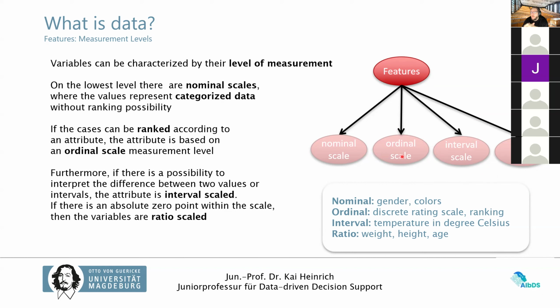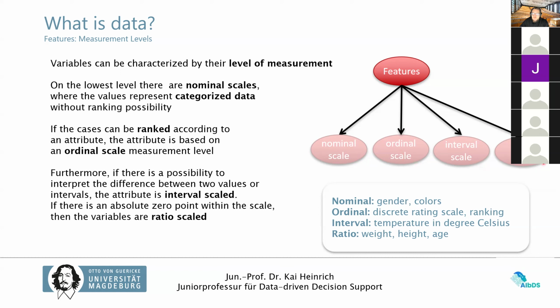What I can do is build the median, the value that is in the middle. Because I can order them, right? I can order all my values, and then I can say the one in the middle is some kind of mean value, but it's called the median then, right? Okay. Interval scale.